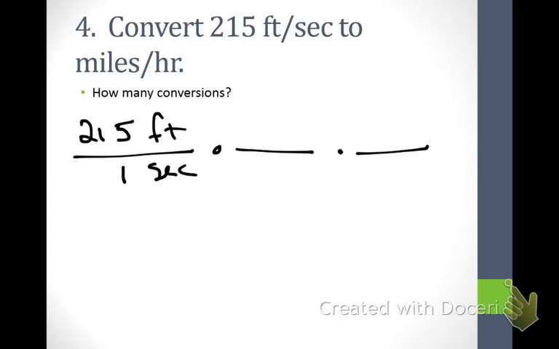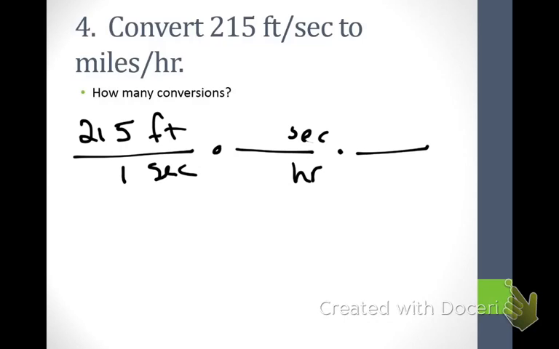When I'm done multiplying all this out, I want my seconds to divide out. Right? So if my seconds are in the denominator in the original fraction, that means seconds need to be in the numerator for the ratio that we're going to multiply by, the first one. And since it makes more sense to compare seconds to hours, then we're going to put seconds here and hours down here.